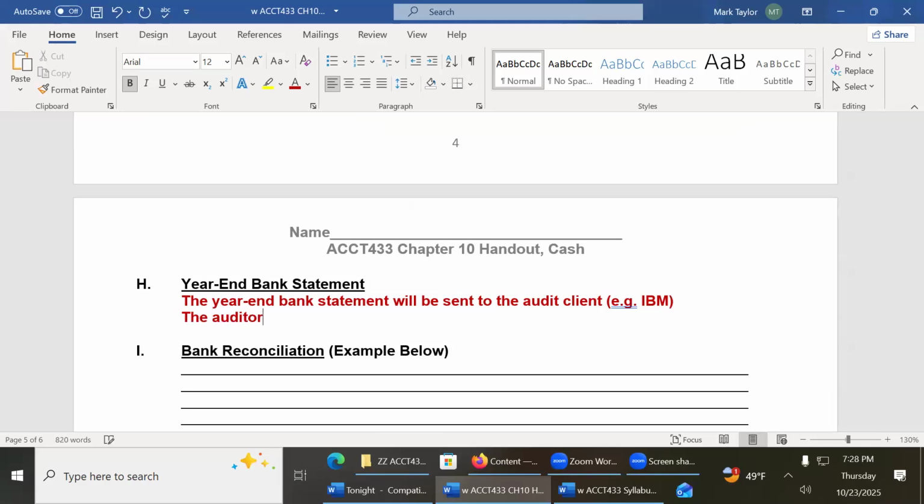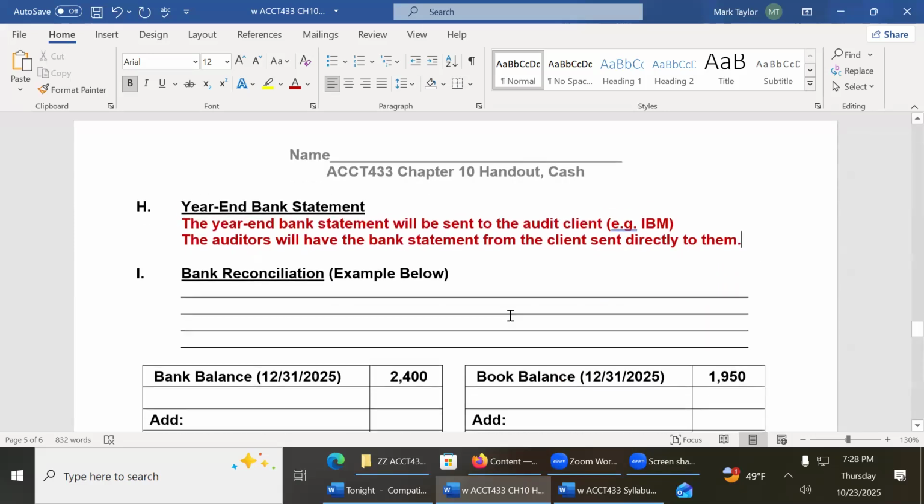The auditors will have the bank statements sent directly to them.